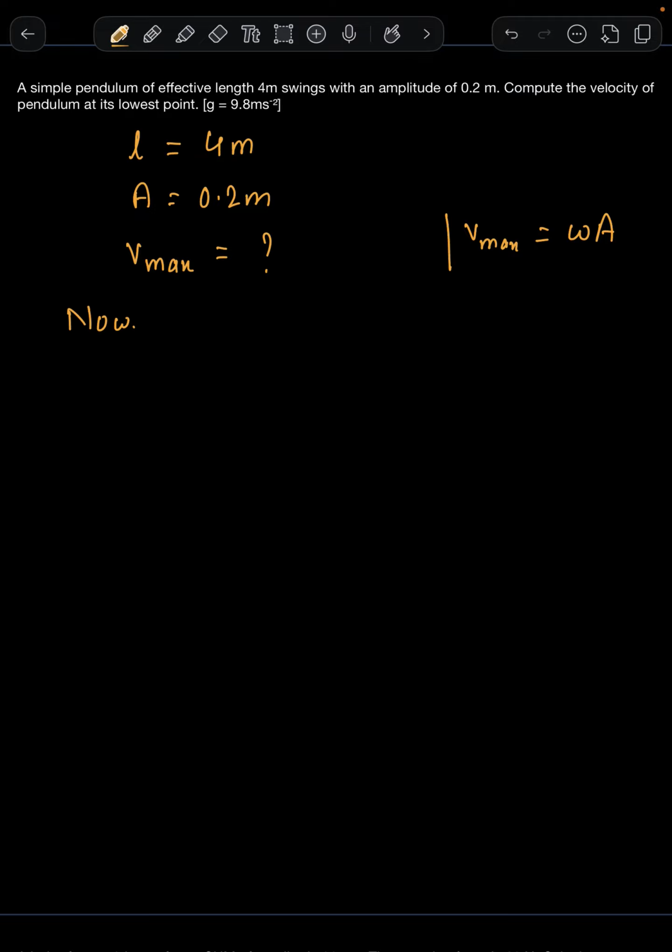Now for a pendulum, omega is equal to root of g by L, that is root of 9.8 by 4. This comes to be 1.565 radian per second.